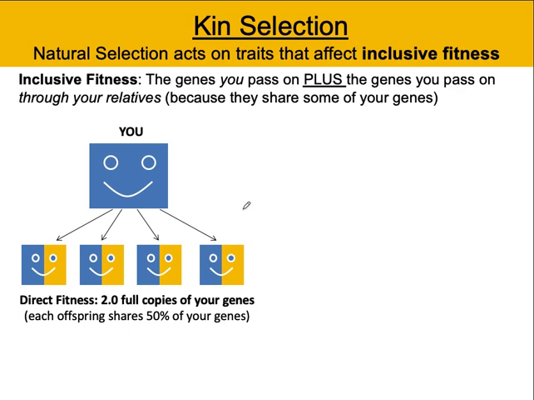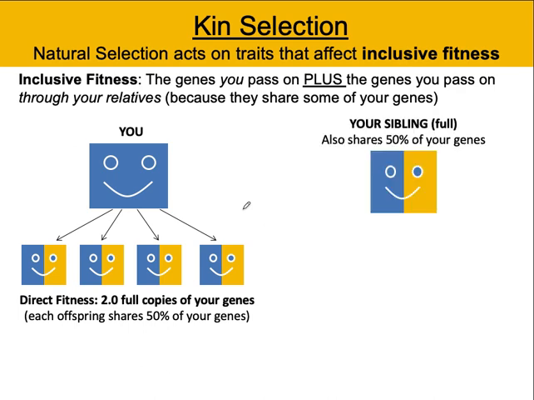Okay, now imagine this scenario where you've got a brother or sister, a full brother or sister, you share the same biological parents. Well, this sibling also shares 50% of your genes. Again, because you both got 50% of your genes from your mother and your father.